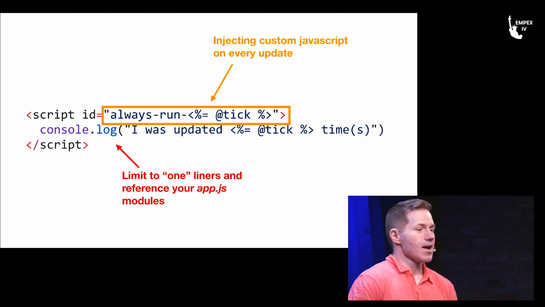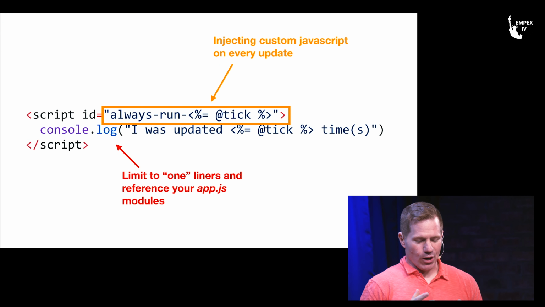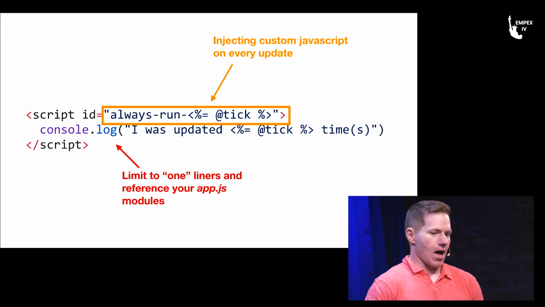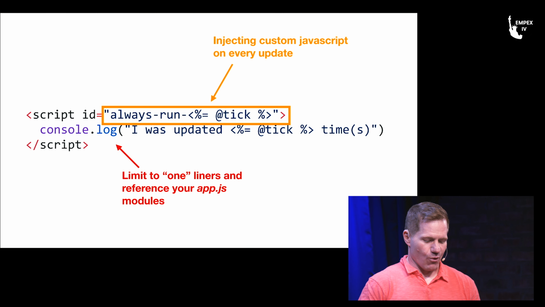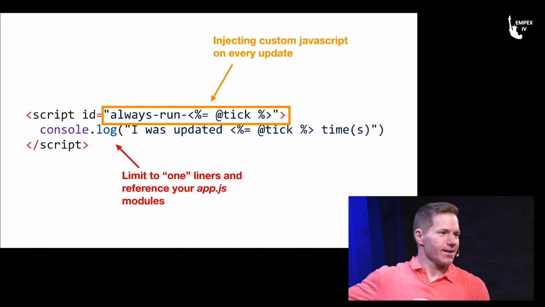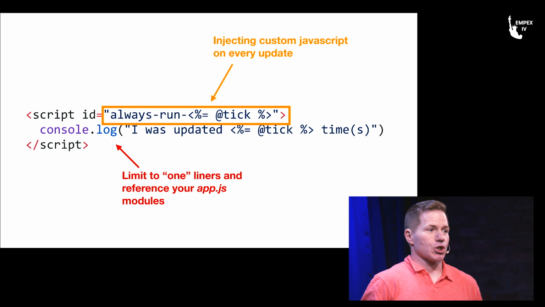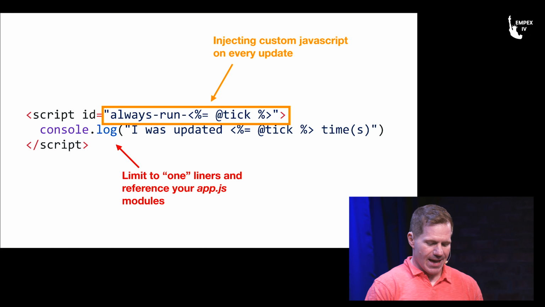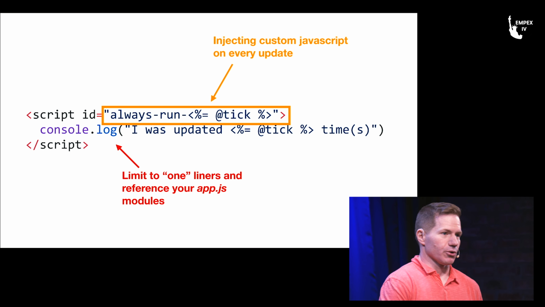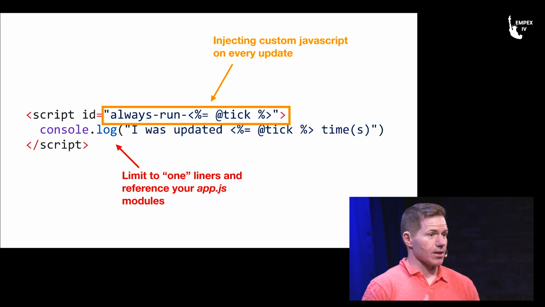Here, my script at the end will always be different for the client, and so now I can write whatever I want. The red means bad, so don't do this unless you really have to. It should be limited to one-liners, and it should be pushed through your actual app.js modules that are available. Do not write reams of code here. It's just this idea if you want to write one thing at a time.